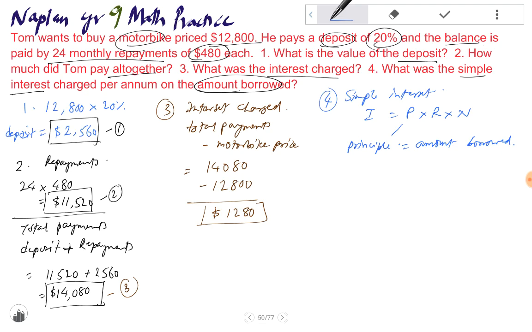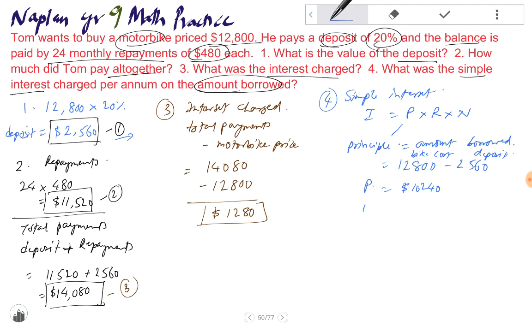We know the actual value of the motorbike is $12,800, but he's actually paid a deposit, right? So we need to take the deposit off. Take number 1 off, which is 2,560, from the bike cost. This will tell us how much he's actually borrowing. So he's actually borrowing $10,240. This is his P.